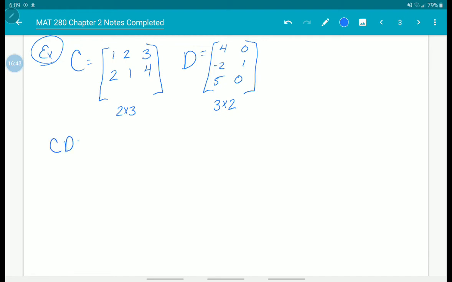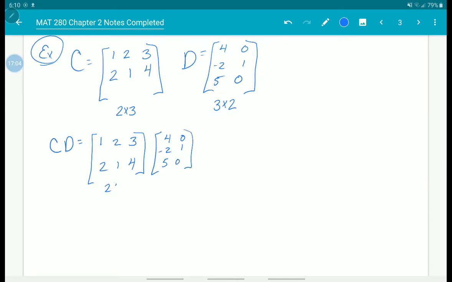This one's going to be pretty interesting, and it'll also show that the commutativity property falls apart for multiplication. So if we look at C times D, we have 1, 2, 3, 2, 1, 4. I'm just going to recopy here. And then 4, 0, negative 2, 1, 5, 0.